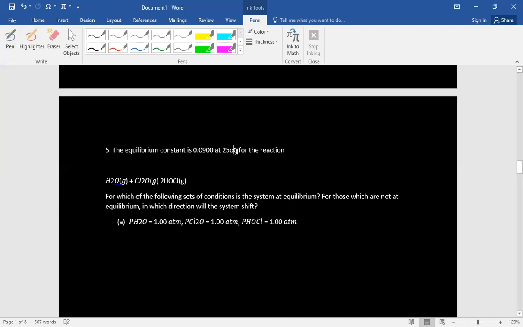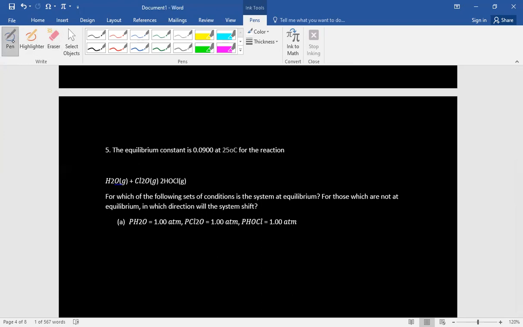So at 25 degrees Celsius, the equilibrium constant is 0.09, and this is the reaction here.